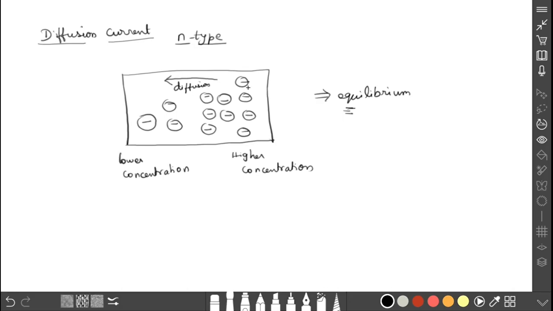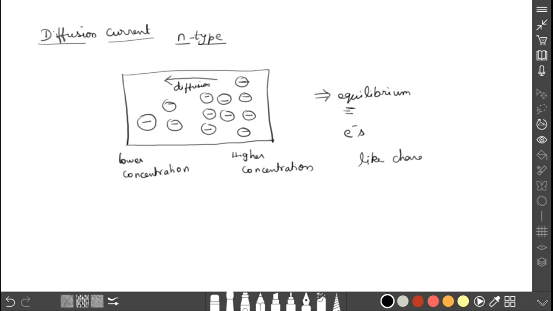This is an N-type semiconductor, so electrons are the majority charge carriers. See, at one particular area, more negative charges are accumulated. What is the meaning? Like charges repel each other.